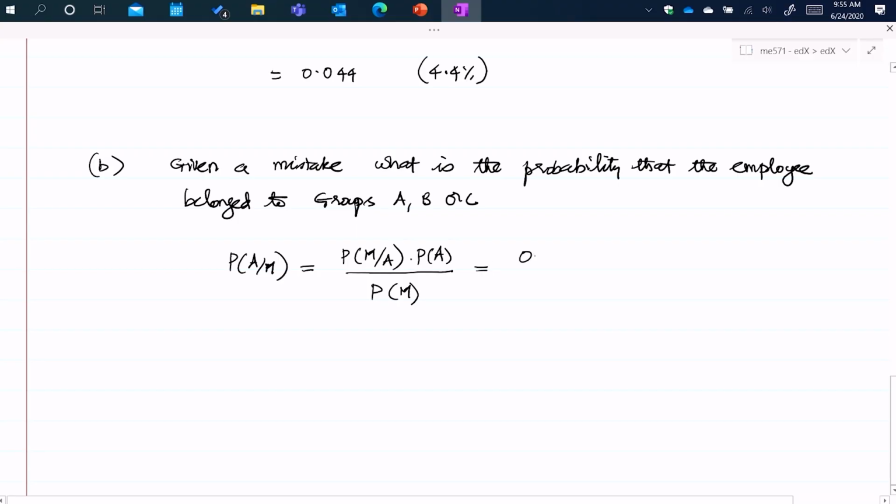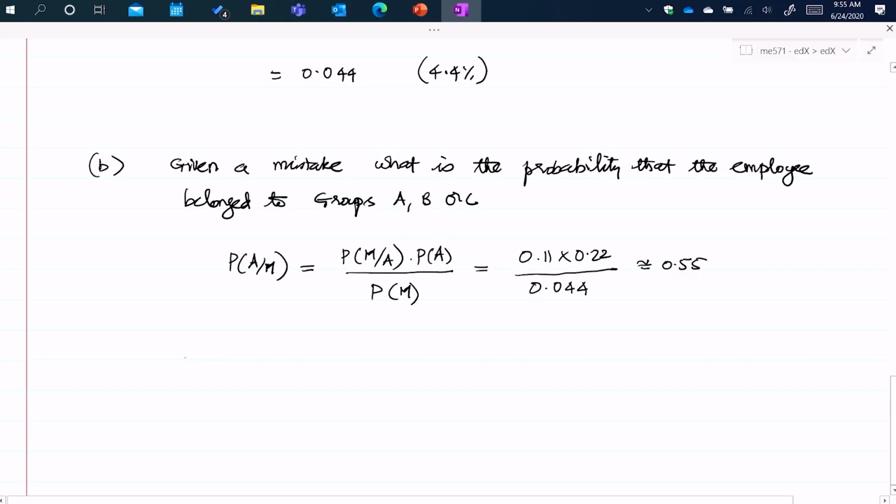So M given A is 0.11 times 0.22 divided by 0.044, and this value is approximately 0.55.